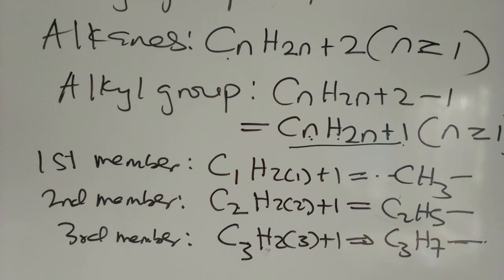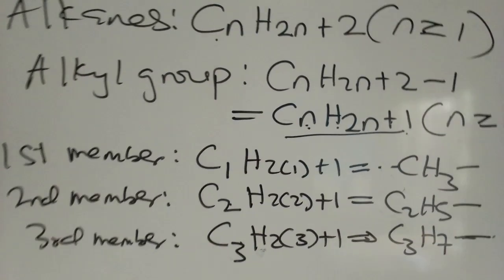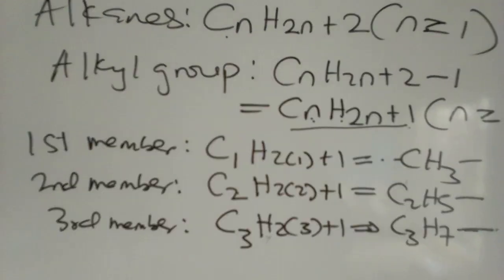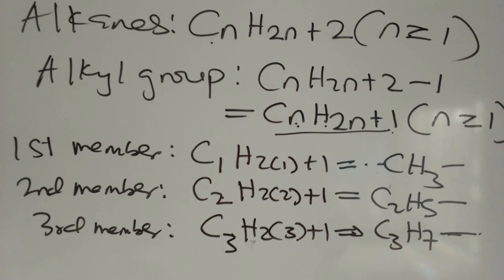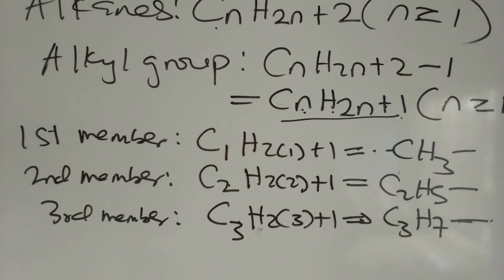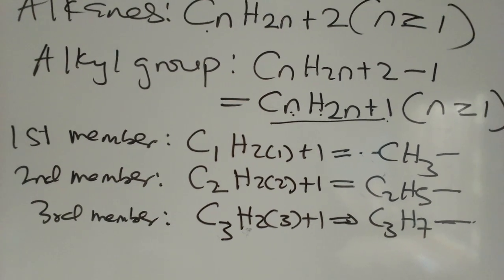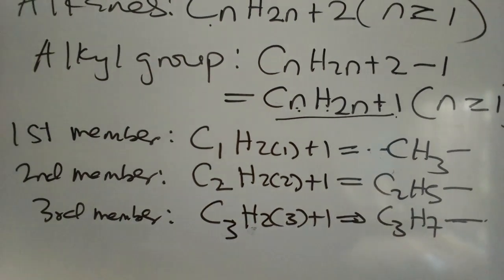We now have CnH2n+1 as the formula of the Alkyl radical or group. With n starting from 1, replace n with 1, get the first member CH3. Replace n with 2, the second member C2H5. Replace n with 3, you get the third member C3H7. Okay?